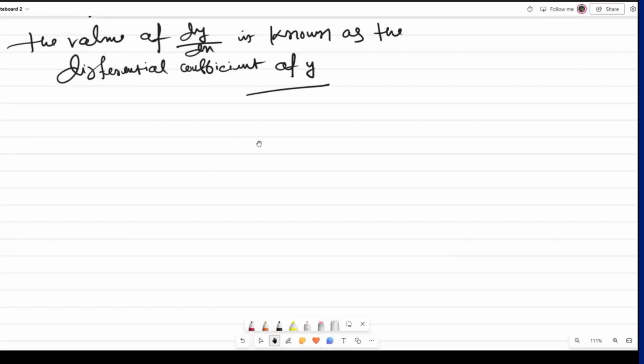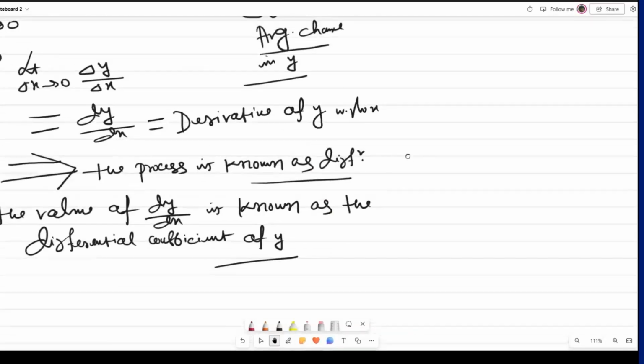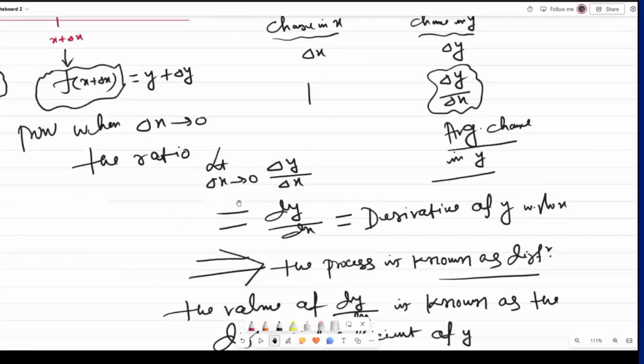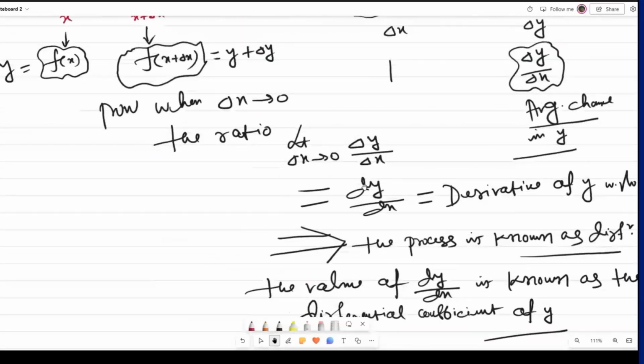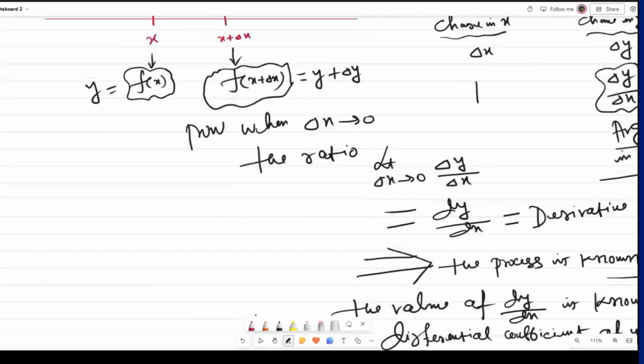Another thing I'd like to say: this dy by dx, just make an observation here. Let me take one very interesting and important result. dy by dx is the limit of delta y by delta x.